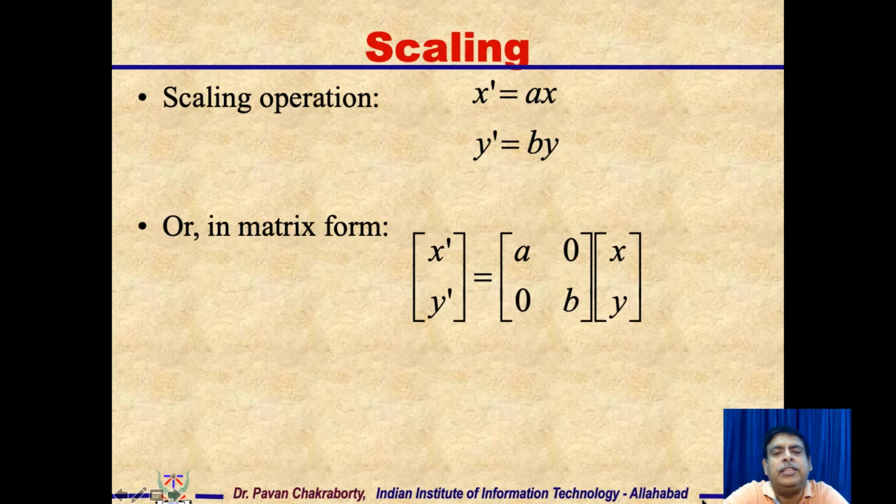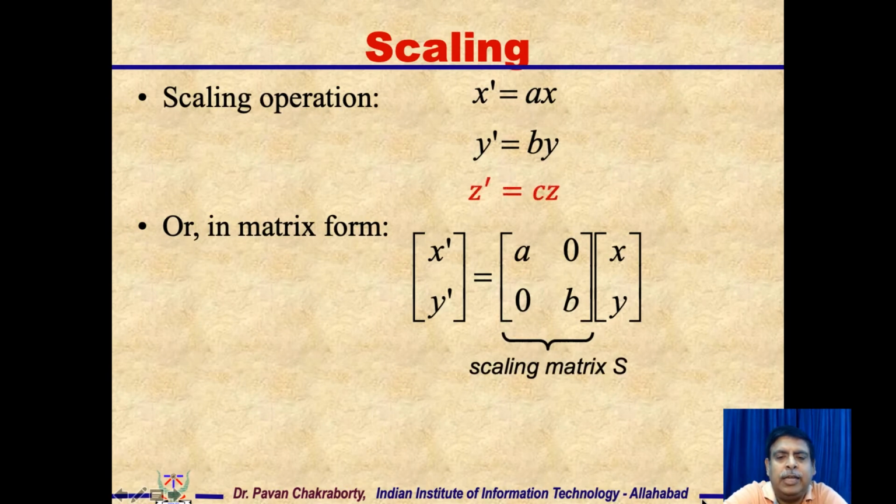The scaling operation can be written as x prime is equal to ax, y prime is equal to by, which could be written in two dimensions as a matrix: [x prime, y prime] with the diagonal elements a, b, and the non-diagonal elements are 0. And for isotropic scaling, what we have is that a has to be equal to b.